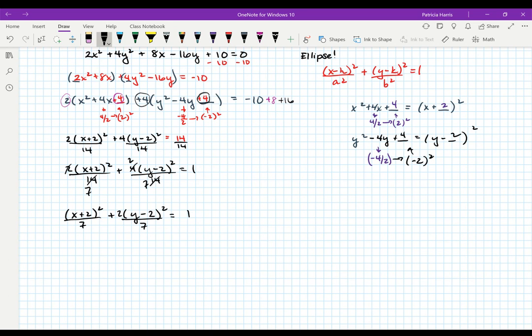So how do I fix that? Well, that's an interesting question. You probably haven't thought of it before. Okay, so we need to fix that 2 sevens. So I have 2 sevens times y minus 2 squared.